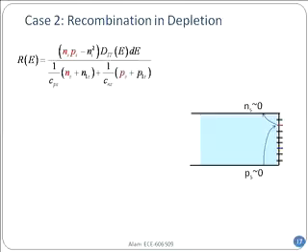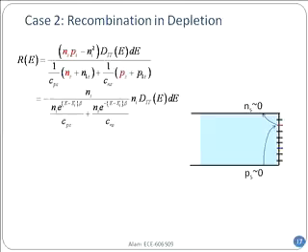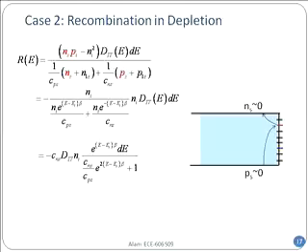I'll have to start from the original one, but I should be able to drop N and P, right? Because depletion region. And then I will be able to just rearrange the terms a little bit. And you can see that now this is a function. On the numerator, I have e to the power x. And in the denominator, I have e to the power 2x.